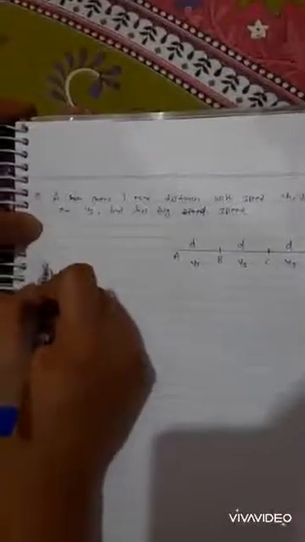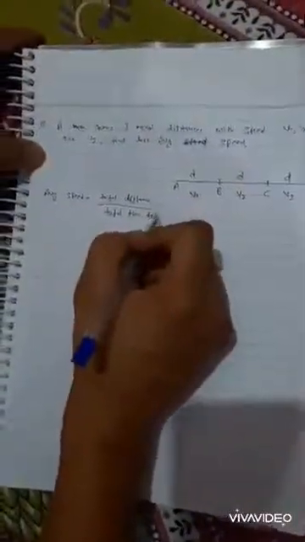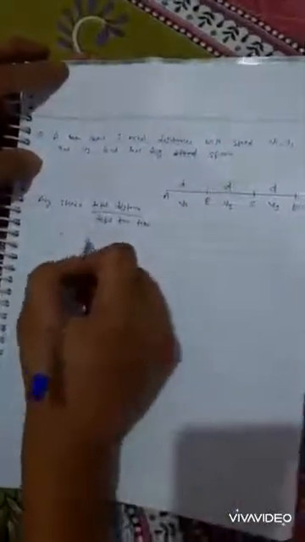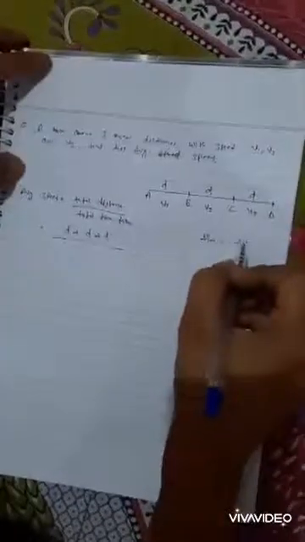So the formula of average speed will be total distance by total time taken. The total distance will be D plus D plus D, and then total time taken. The formula of time is distance by speed.